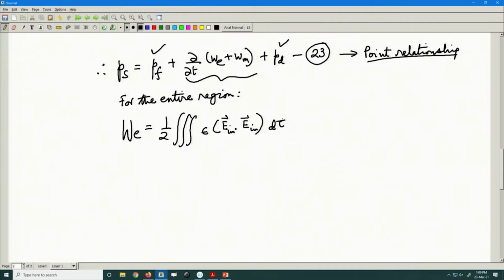This is the total energy W e in the entire region under consideration.